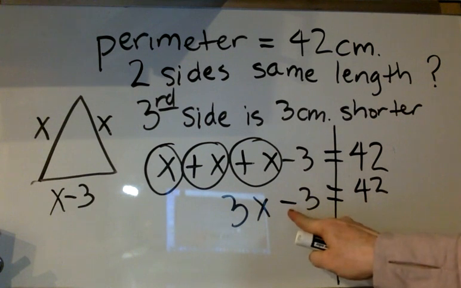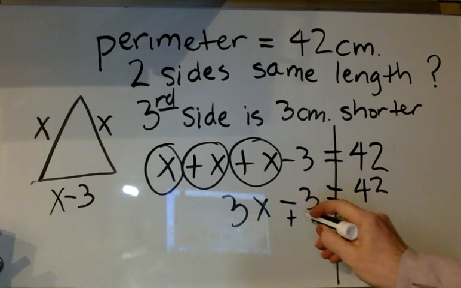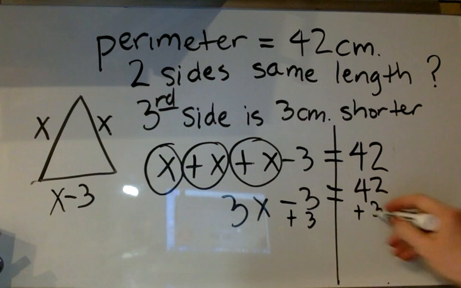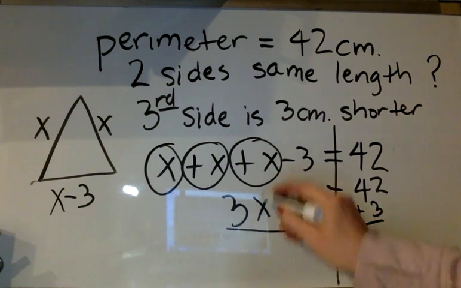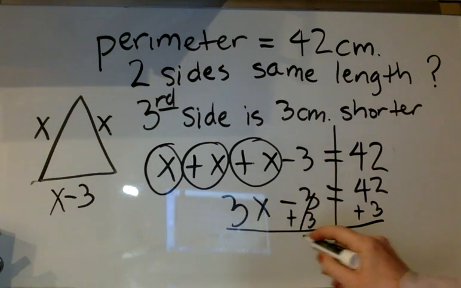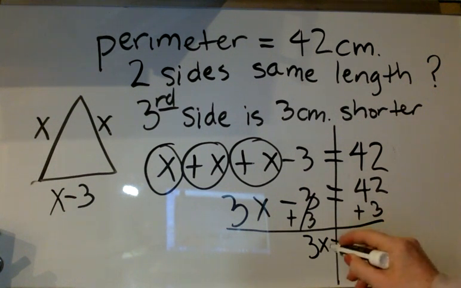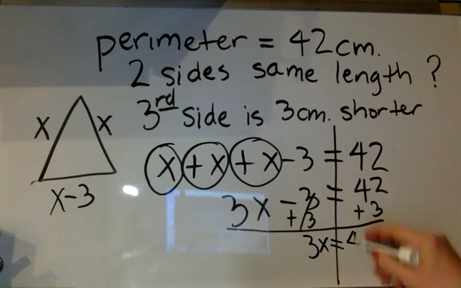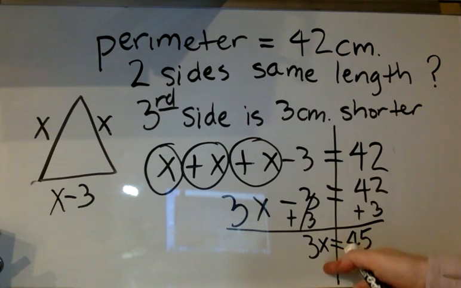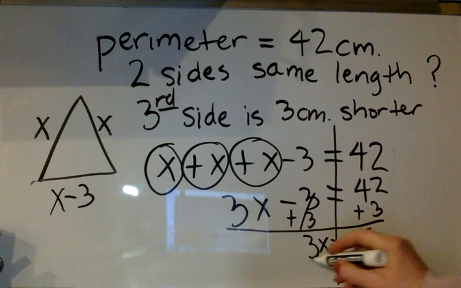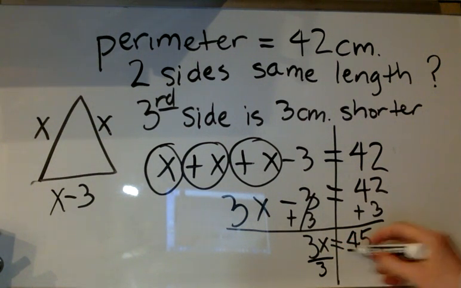Now I'm going to undo the subtraction by adding 3 to each side. And I get this cancels, but on this side I'm left with 3x equals 42 plus 3 is 45. And my next step is to undo this multiplication with division. So divide each side by 3.